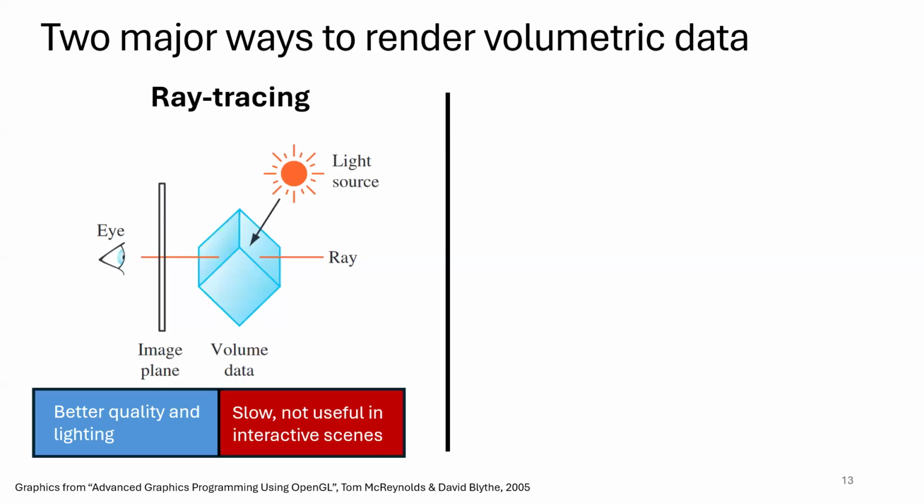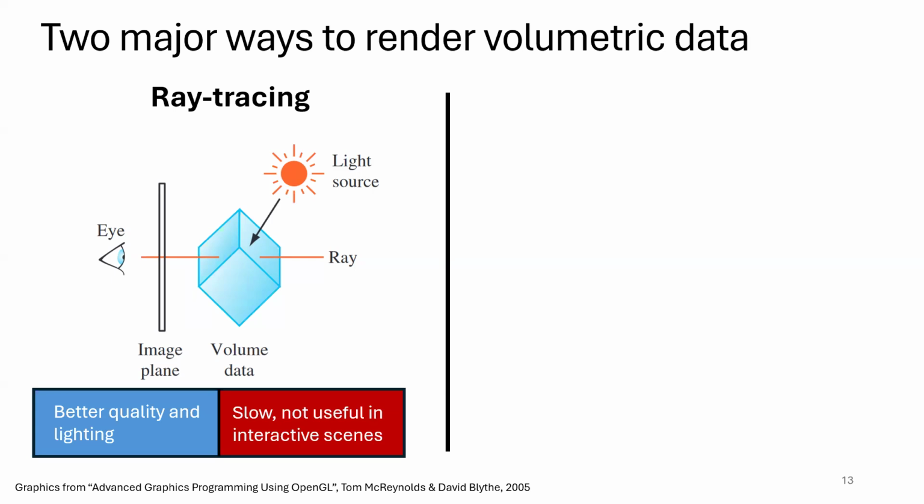So there are two major ways we can render volumetric data, one of which is ray tracing. This will start with some kind of volumetric data we want to render. We'll have our camera or our eye, an image plane that'll act as our screen, and then we cast rays. So we take all the pixels in our image, we throw them at the object and see what it passes through. We might add things like simulated light to see how the scene illuminates, where our shadows are.